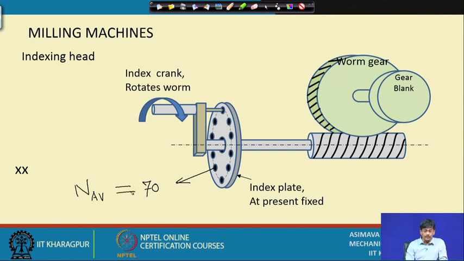The available number of holes which are present here, which is nearest, it is 70. But what do we do with that? If we use that, we are not going to get 71 teeth. We are again going to get 70 teeth, and that is going to mean that the gear will not be cut very accurately. So, let us see what is the possible solution.